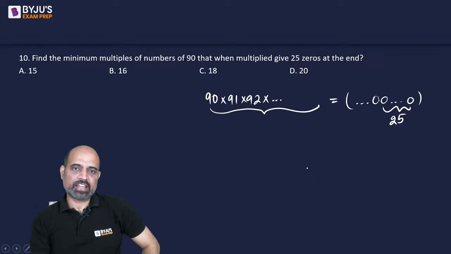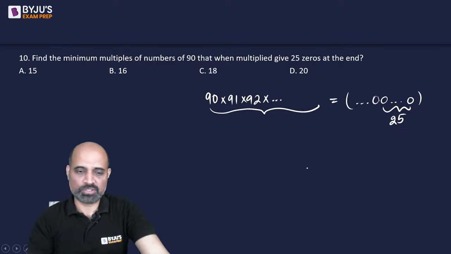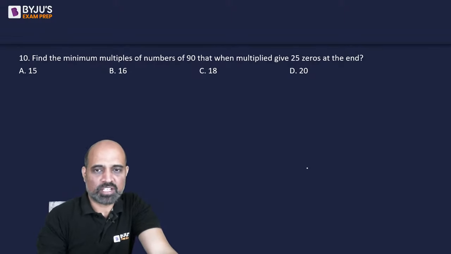That if we take only multiples of 90, as in 90 into 180, into 270, into 360, if we do this, then the answer is going to be less than 25 if we need 25 trailing zeros, right?